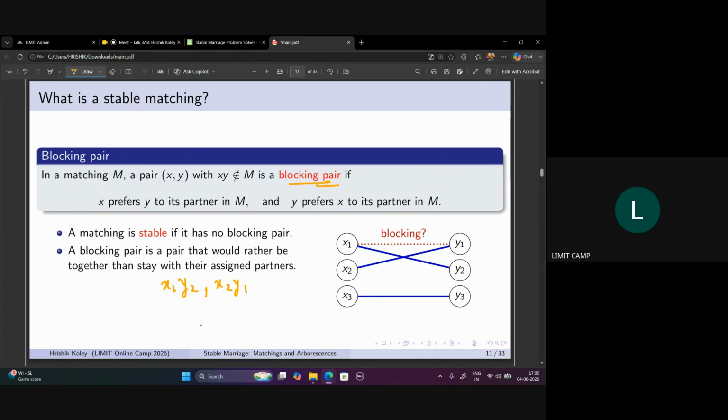But then you find out that x1 preferred y1 over y2, and y1 preferred x1 over x2. So this is not a stable matching because no one's stopping x1 and y1 from forming an edge, leaving their current partners.